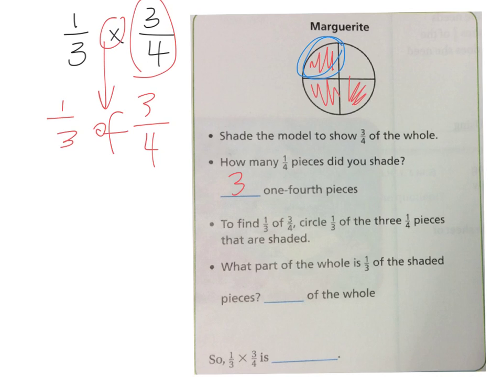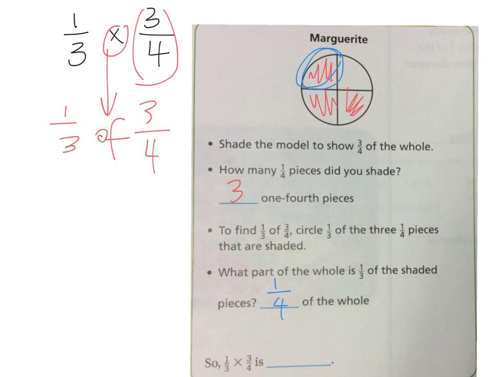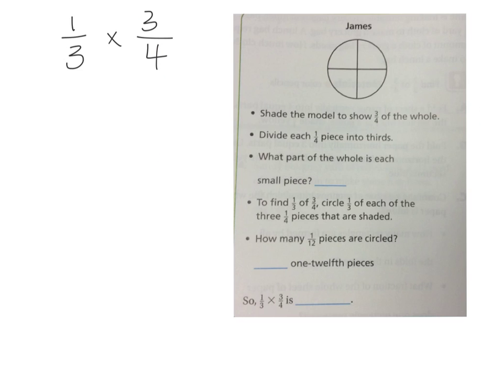Now, looking back at the whole circle, how much of the whole circle did you circle? 1/4 of the whole, right? So therefore, 1/3 of 3/4 is 1/4. Okay, so looking at this model, we can see now that 1/3 of 3/4 is equal to 1/4 of the whole.